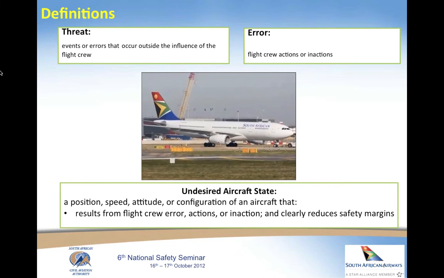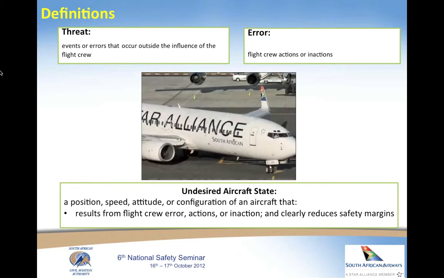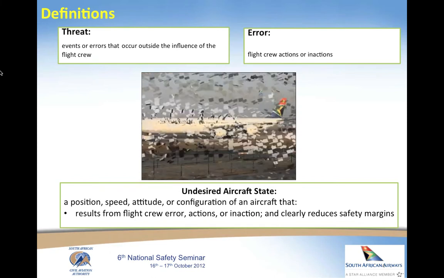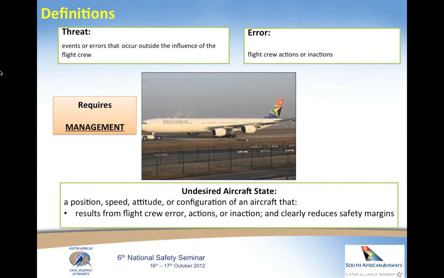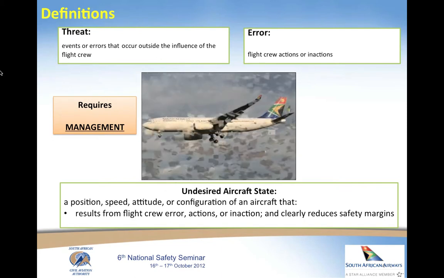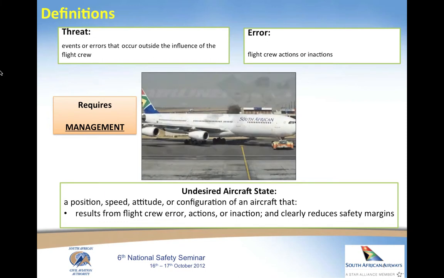However, in the TEM taxonomy, these events are considered threats as they are not the result of actions by the flight crew. As with errors, UASs can be managed effectively, returning the aircraft to optimally safe flight, or mismanaged, leading to an additional error, undesired aircraft state, or worse, an incident or accident.